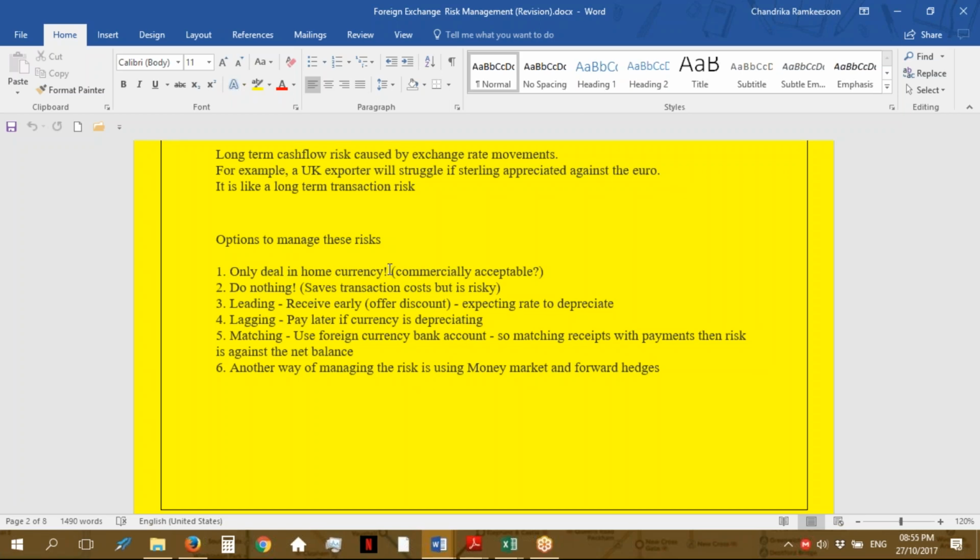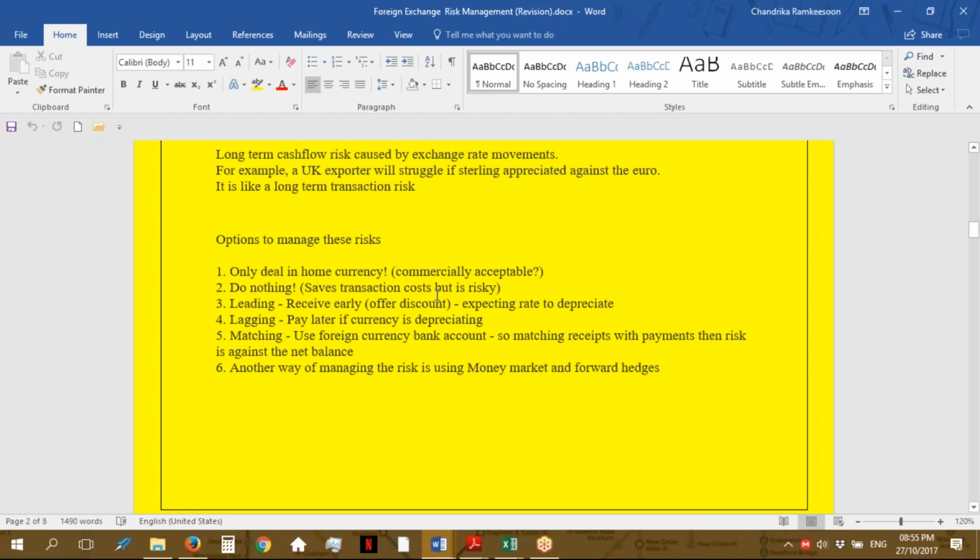But if the norm in the business is to invoice in dollars, well, we have no choice. But left up to the British firm, they would obviously prefer to invoice in their own currency, because they know it's certain, you see. Of course, we may choose to do nothing. There's no rule that says you have to hedge.